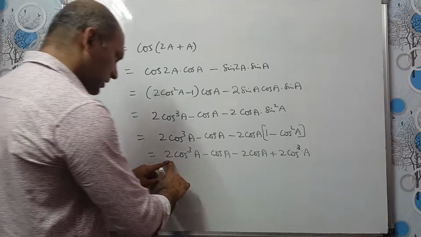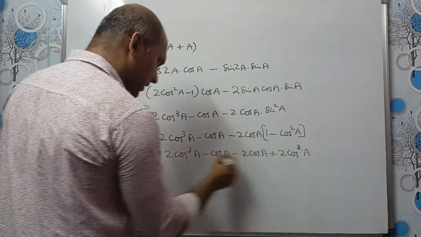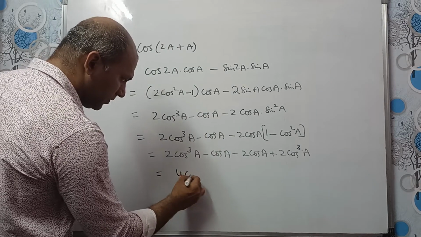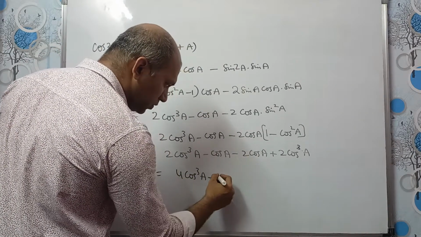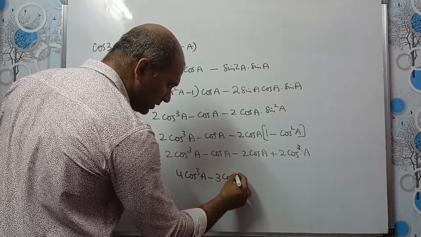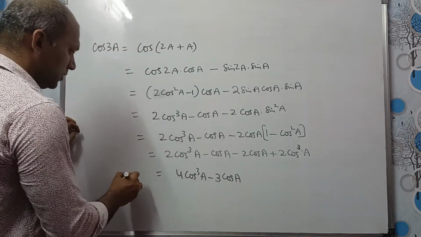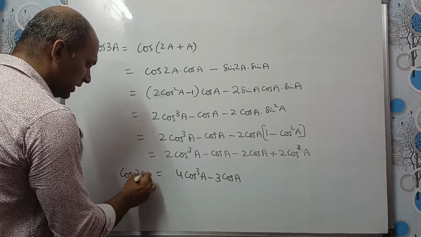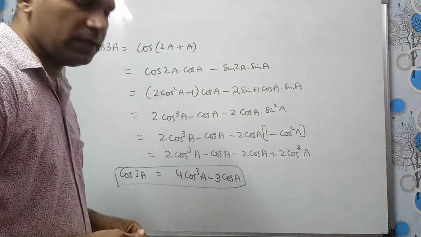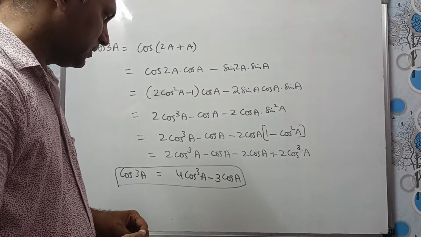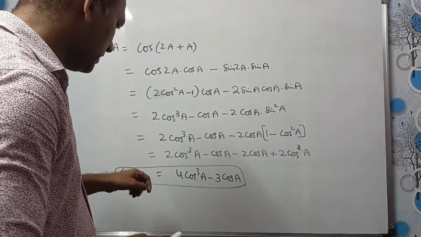So here we have 2 cos cube, here we have 2 cos cube. So this will be 4 cos cube A minus cos A minus 2 cos A. So this is 3 cos A. So we have cos 3A is equal to 4 cos cube A minus 3 cos A. Alright. I hope this is clear.